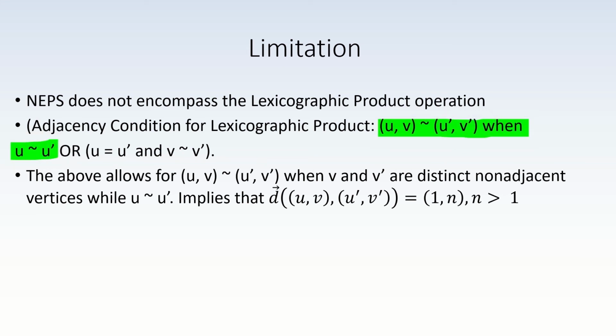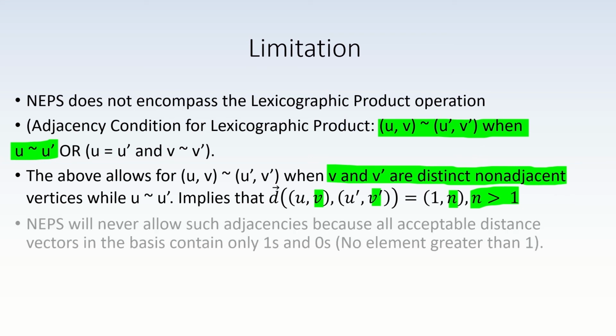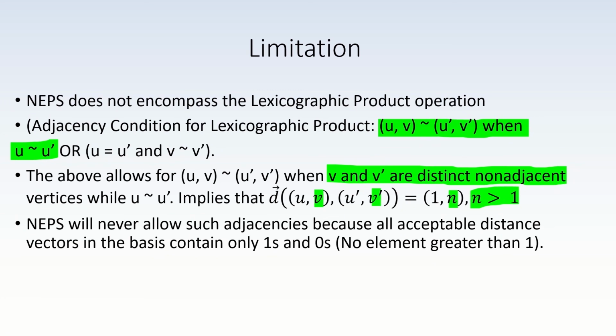The distance vector for such vertices must contain a right element greater than 1 or undefined, as the right entries, v and v', are distinct and non-adjacent, meaning they have distance at least 2. Since acceptable distance vectors in any NEPS operation consist only of 1s and 0s, such adjacencies are not allowed by any NEPS operation. So the lexicographic product of two graphs cannot generally be expressed through an NEPS operation.